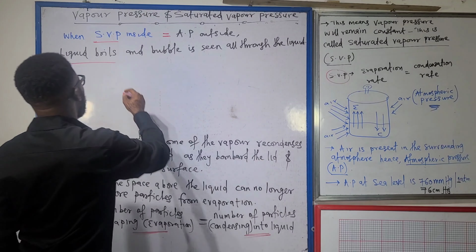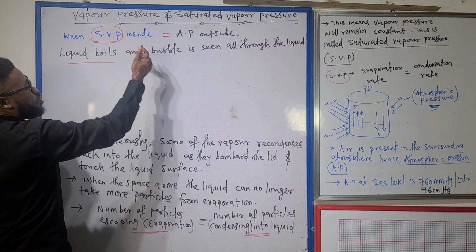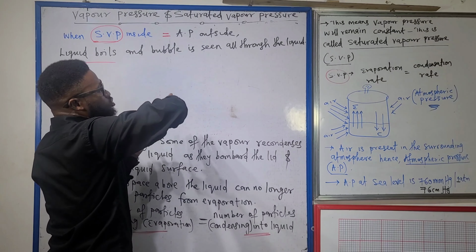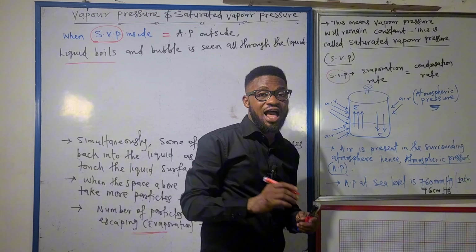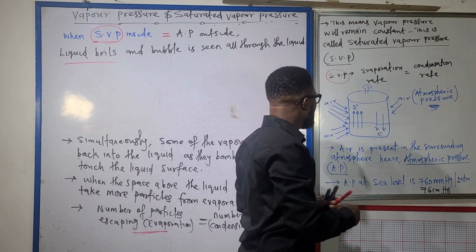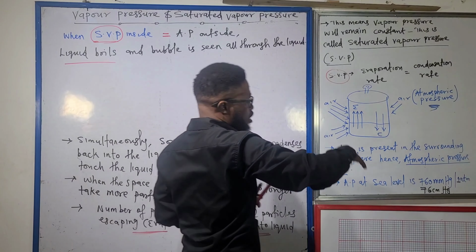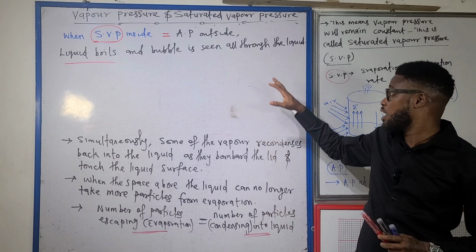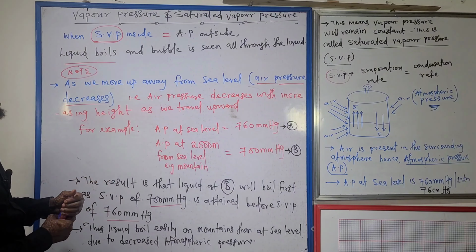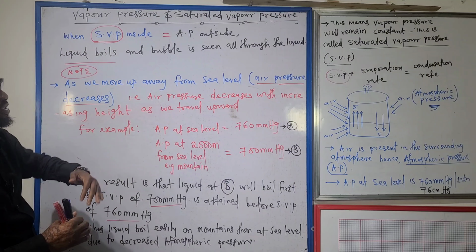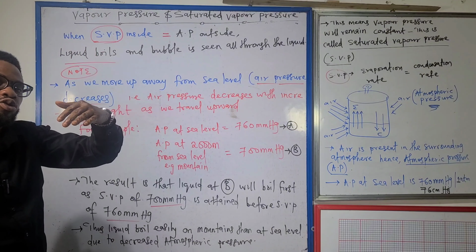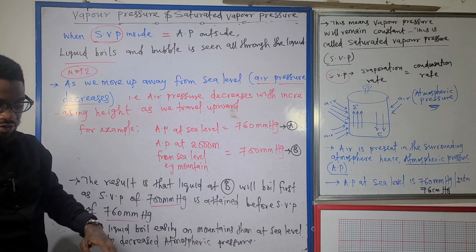Take note of that. When the saturated vapor pressure on the inside of the liquid equals the atmospheric pressure that we have on the outside, then the liquid boils and we begin to see bubbles all over the liquid. Take note, as we move up away from sea level, air pressure decreases, and the reason is very simple.